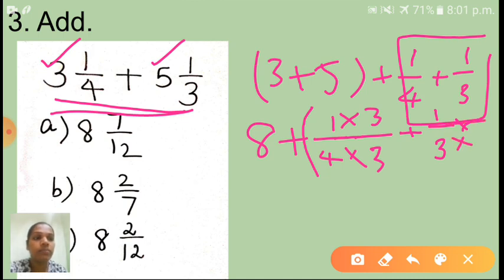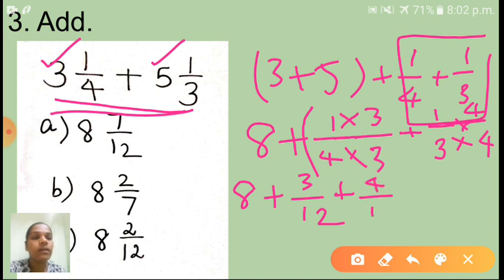Multiply here 3 into dash is equal to 12. What will come? Very good, 4. So the numerator also you have to multiply with 4. Understood children? So now 8 plus 3 ones are 3 upon 12 plus 4 upon 12.